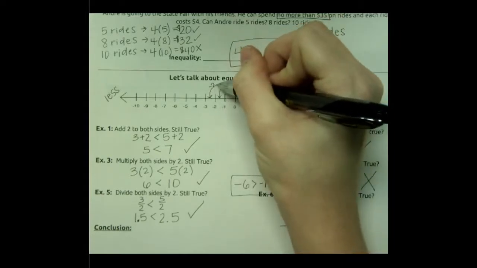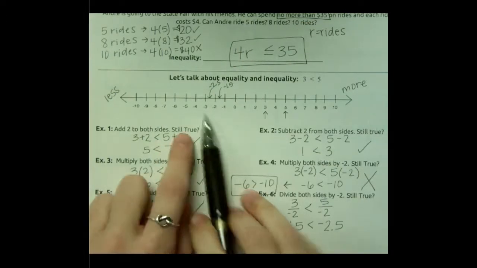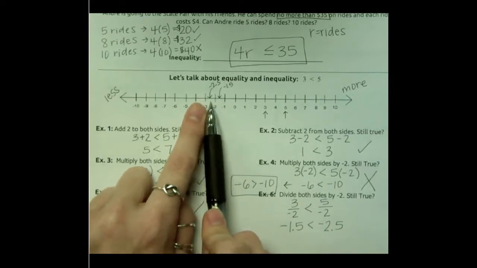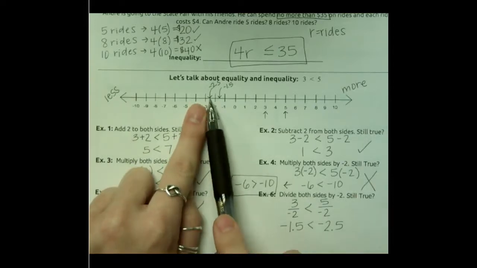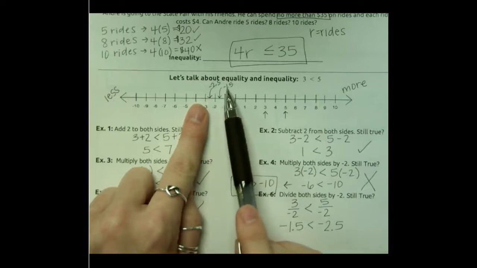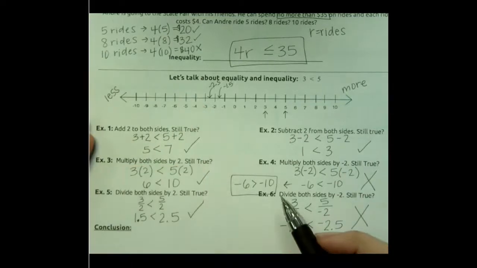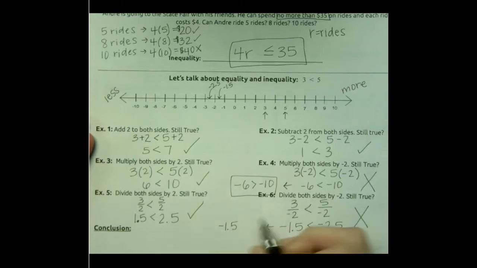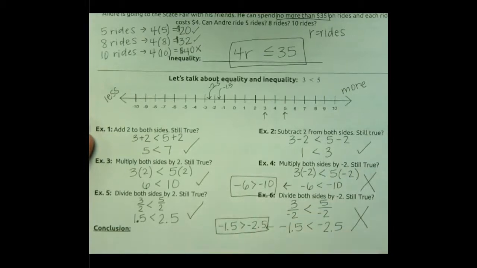Negative 2.5 is right here in between negative 2 and negative 3. Our inequality is telling us that negative 1.5 is less than negative 2.5. Remember, I told you the one on the left is supposed to be less than. So this one cannot be less than. This is not true. But once again, we could change it. We can say negative 1.5 is greater than negative 2.5. And that is one way to make it correct.